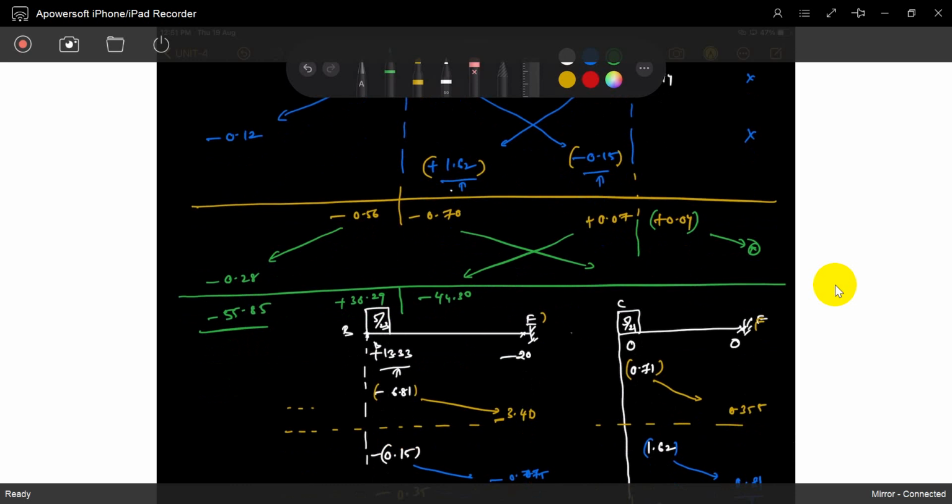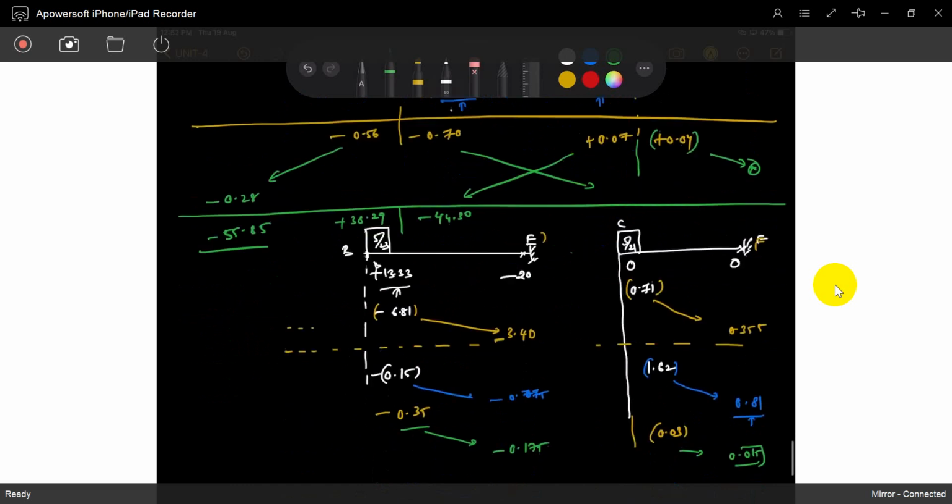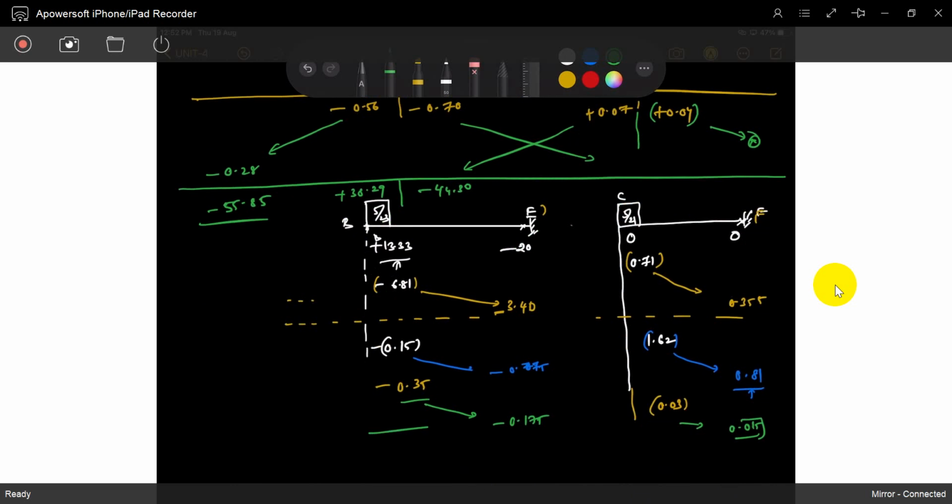These are not equal because we have to add BA, BC, and BE, then only it equals 0. Previously there were only 2 joints, that's why both were equal. Now there are 3 joints. So what is BE? Just add it. BE you will get 6.02.